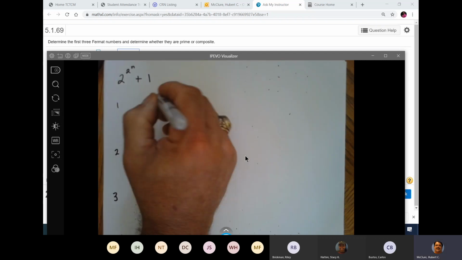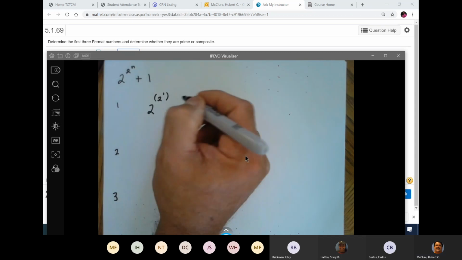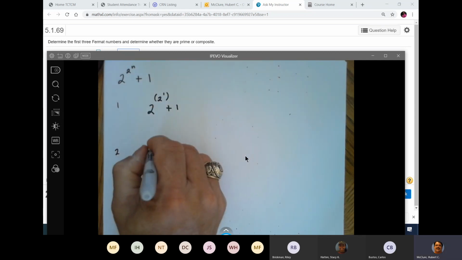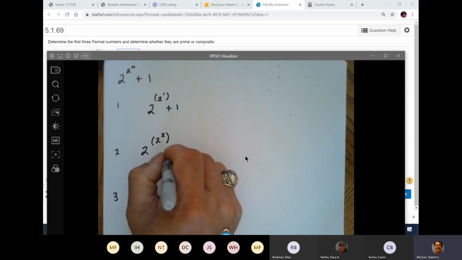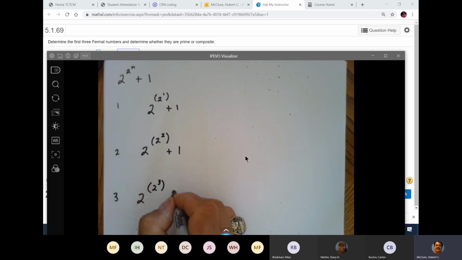So that's going to be 2 to the 2 to the 1 power plus 1, 2 to the 2 to the 2nd power plus 1, and 2 to the 2 to the 3rd power plus 1.